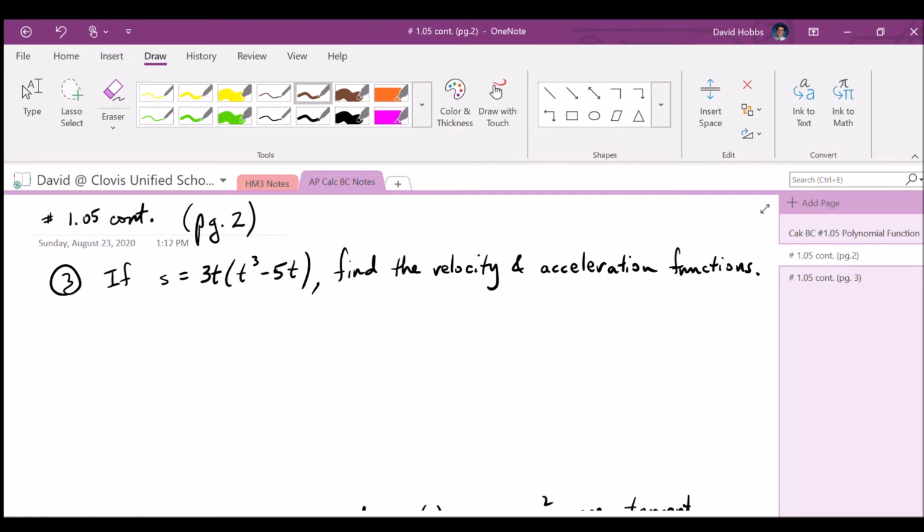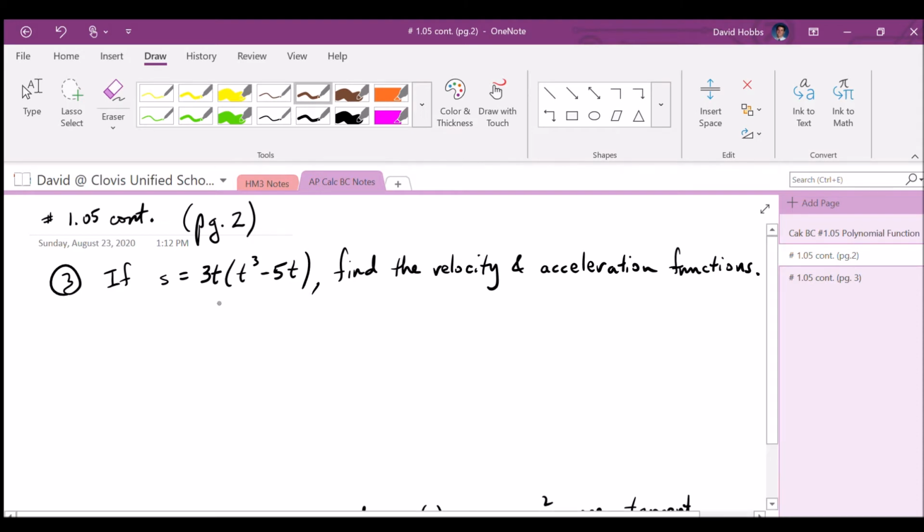Number 3. If the position function is 3t times t to the third minus 5t, find the velocity and acceleration functions. Sometimes we need to do some algebra before we can actually do derivatives.